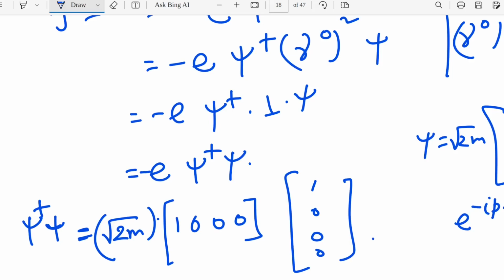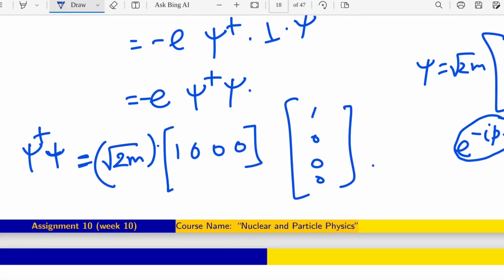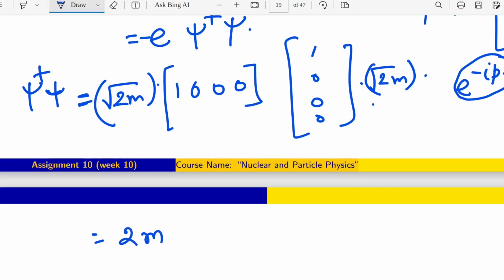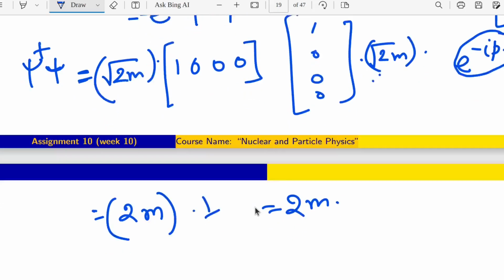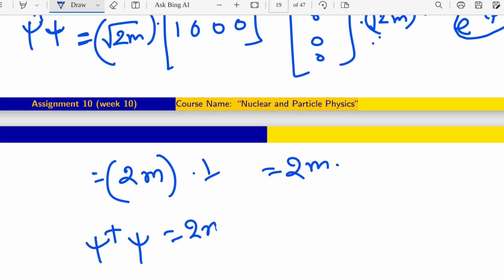Psi dagger will be root 2m times (1, 0, 0, 0), because dagger means conjugate transpose, and here there is no complex number besides the exponential, so it is simply the transpose. The exponential terms cancel out, because one is e^(+i p·x) and the other is e^(−i p·x). The root 2m terms remain: root 2m times root 2m gives 2m, and then there is a 1 and all the other terms are 0. So psi dagger psi is 2m.